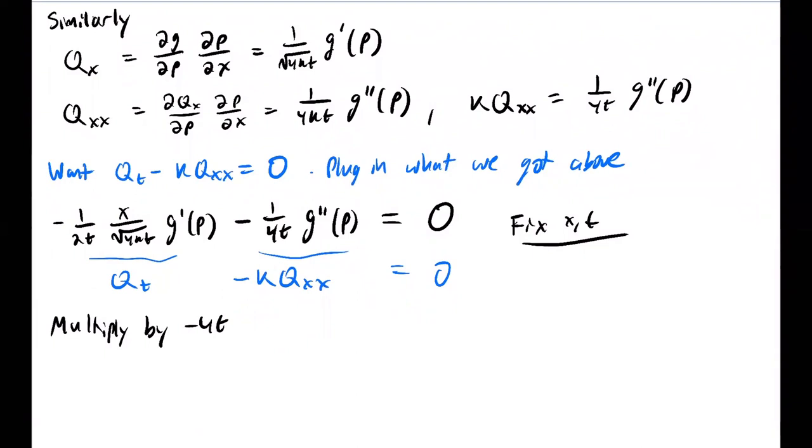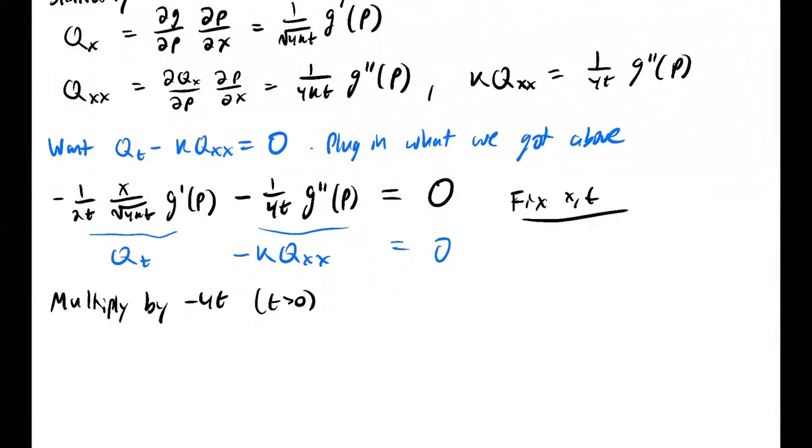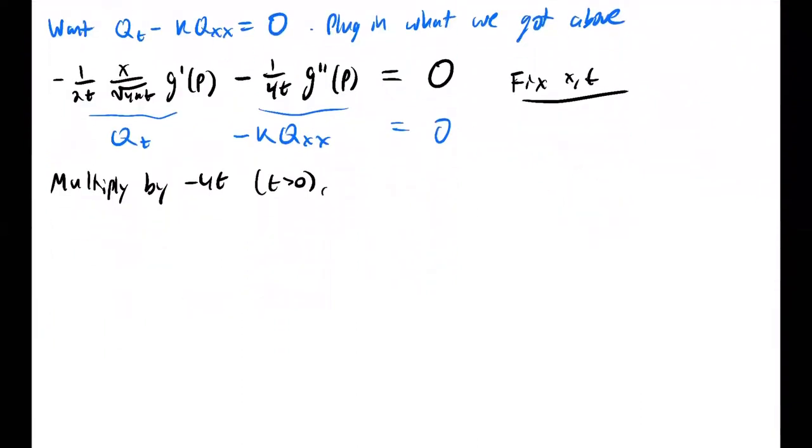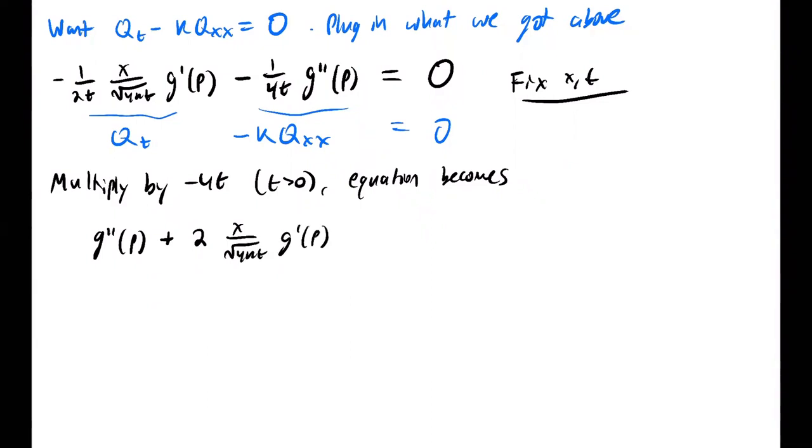We're assuming t is not 0, so let's assume t is bigger than 0. Multiply by negative 4t, what does the equation become? The equation becomes g prime prime of p, and the negatives cancel, so I get plus, well, I have 4t over 2t, so that just gives me a 2, and then I have x over square root of 4kt times g prime of p equals 0.